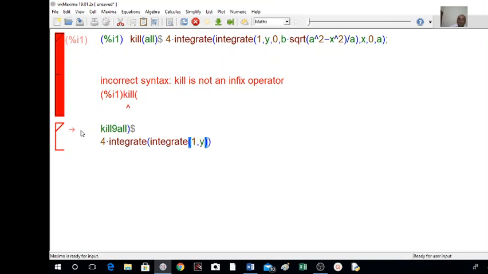Y takes the value y comma 0 to b star sqrt within the bracket a square minus x square, divided by a, this divided by a, outside the bracket, x ranges from 0 to a. I think it is correct.